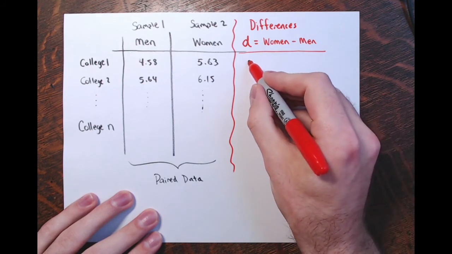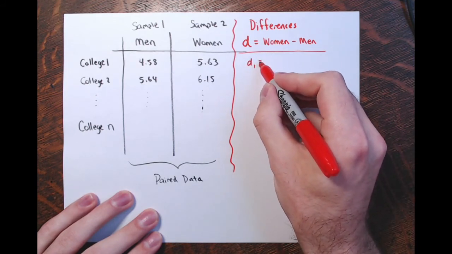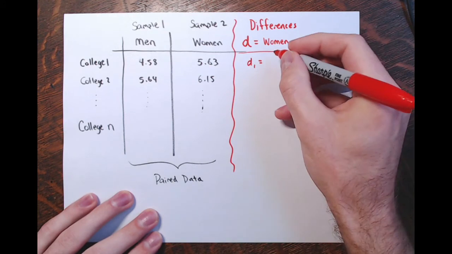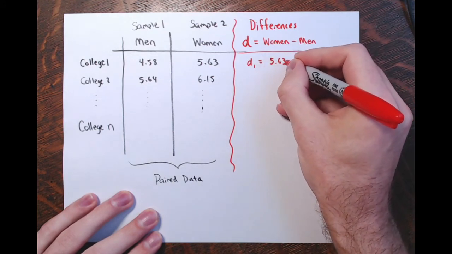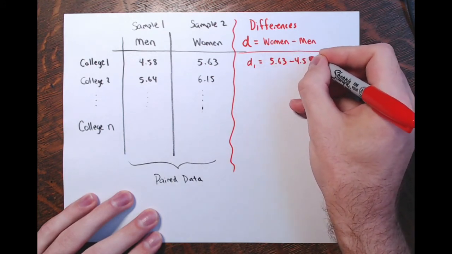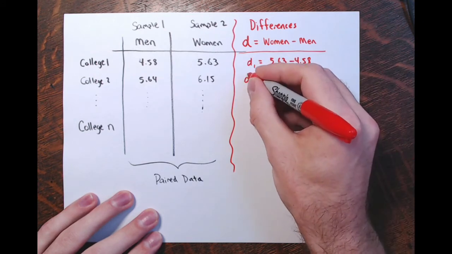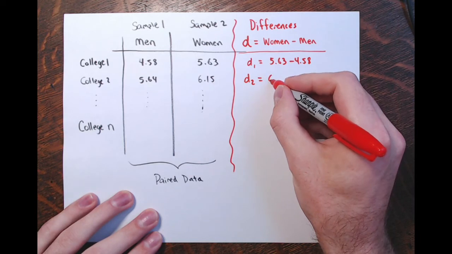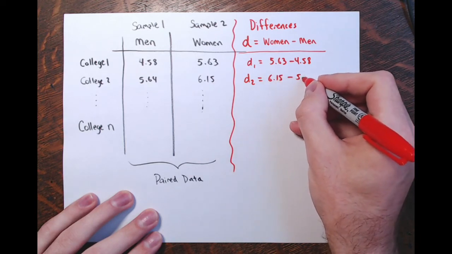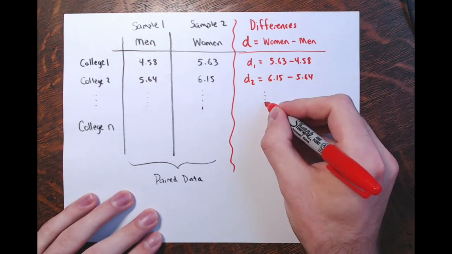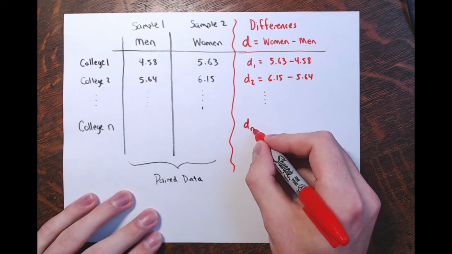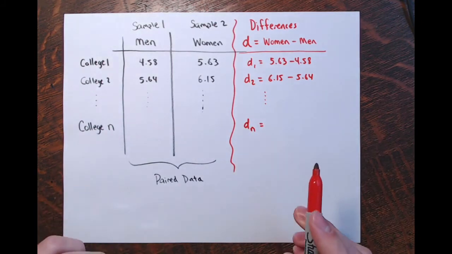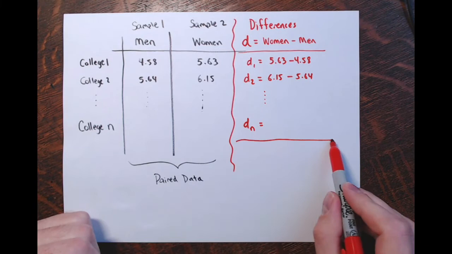Let's say D1, the first difference, is 5.63 minus 4.58, whatever that is. D2 is 6.15 minus 5.64, and so on, and I'd get down to Dn. I'd take this sample of n differences.